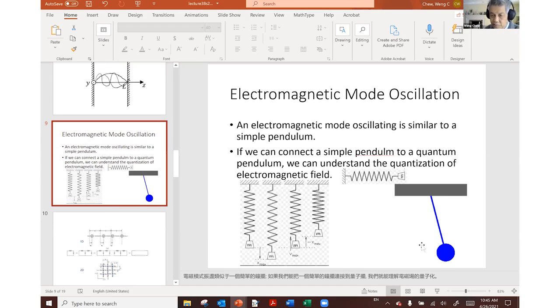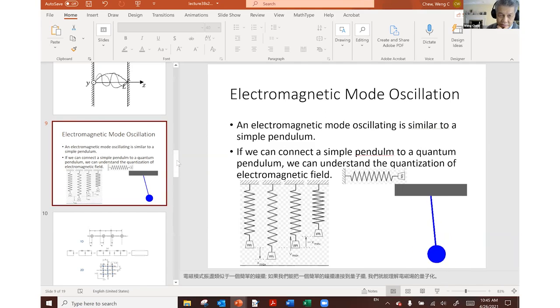Okay, so if you have electromagnetic fields, it has many, many oscillations, many, many modes. Each of the modes is homomorphic or analogous to a pendulum. So if you can understand the quantum theory of a pendulum, then we can understand the quantum theory of light.